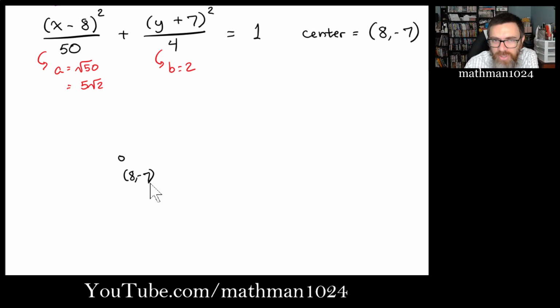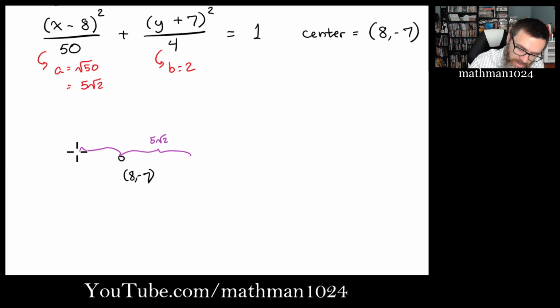Since the value underneath the x is larger than the one underneath the y, I'm stretched more in an x direction. And that is going to be a distance of 5 square roots of 2 in either direction. So I'll have my endpoints here and here.